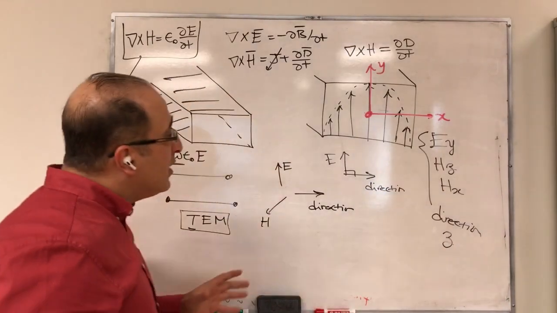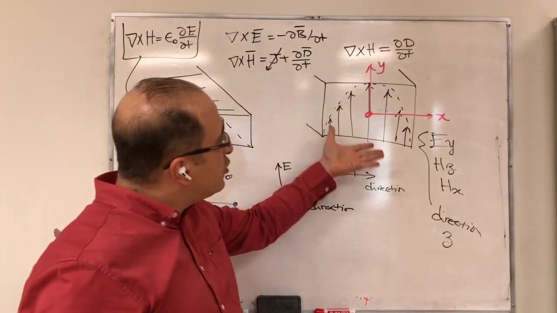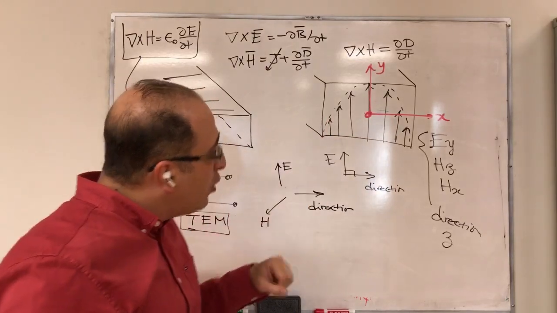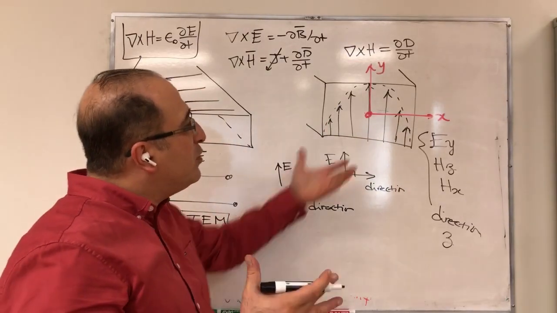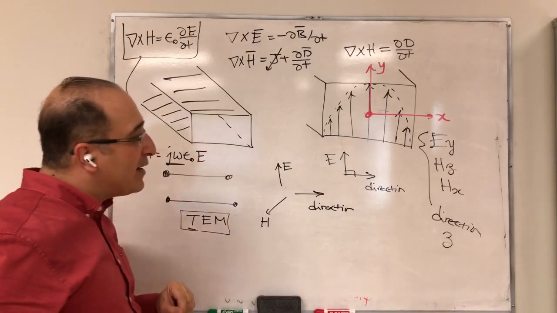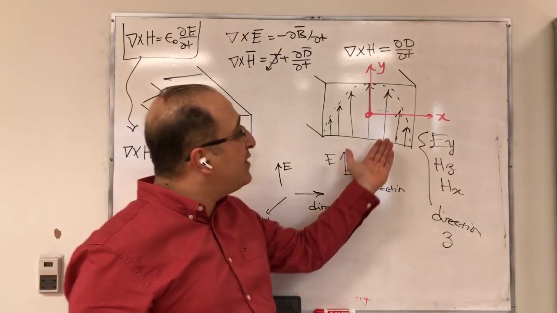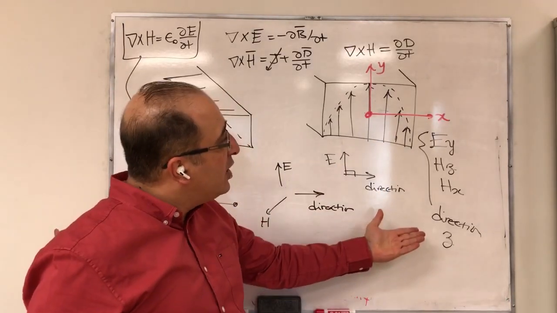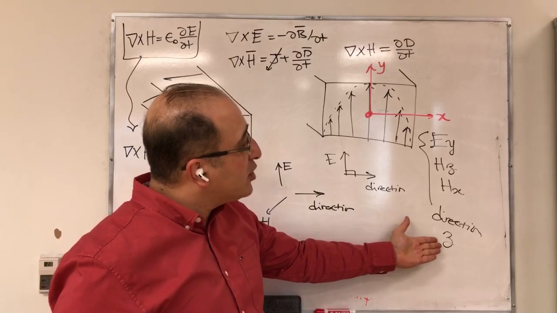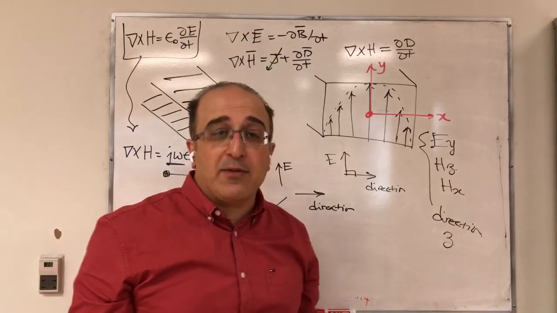That's why if you just maybe think about it more, you see that there is no way that you can have transverse electromagnetic. You might choose it in a different way that H has no component in the direction of propagation, then E will have some component.